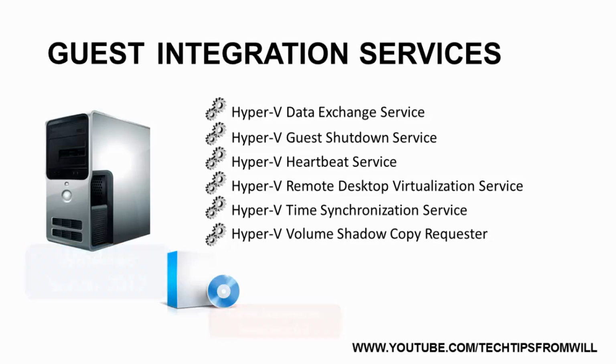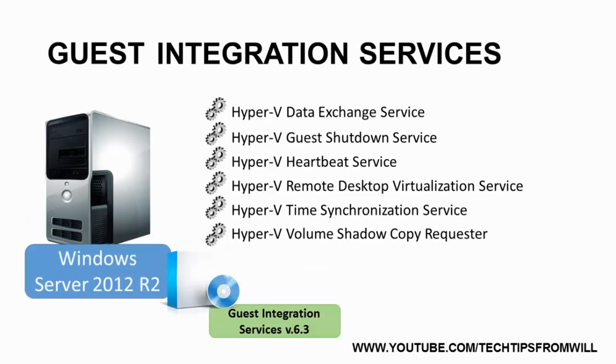With the release of Windows Server 2012 R2, Microsoft released version 6.3 of Guest Integration Services and increased the number of services to 7 with the addition of the Hyper-V Guest Services Interface. This additional service is only installed onto Hyper-V virtual machines running on a Windows Server 2012 R2 Hyper-V host.